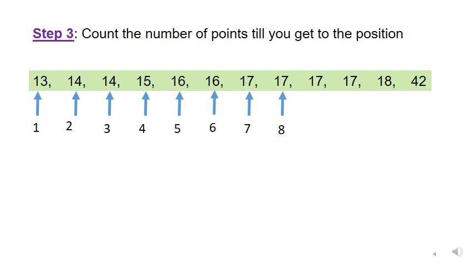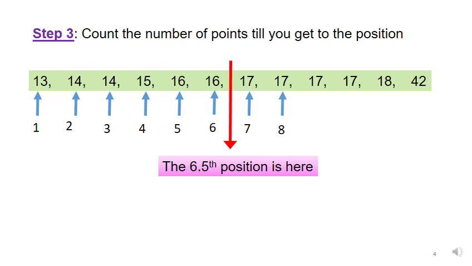So the median, sitting at 6.5, would be right there in the middle. The median lies between those two values, between 16 and 17. So we just find the average, 16 plus 17 divided by 2, and you'd get 16.5.